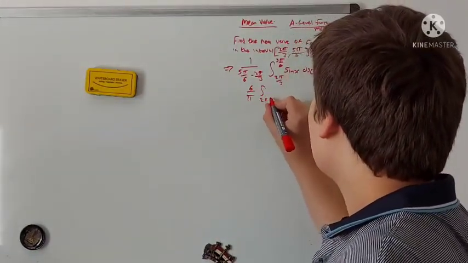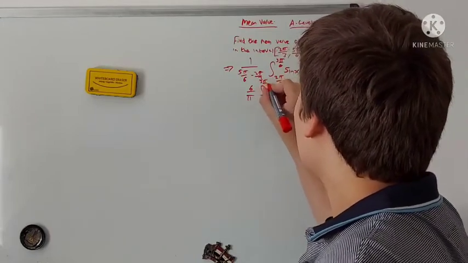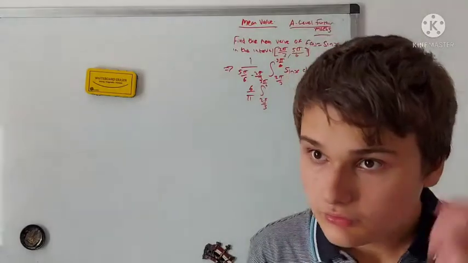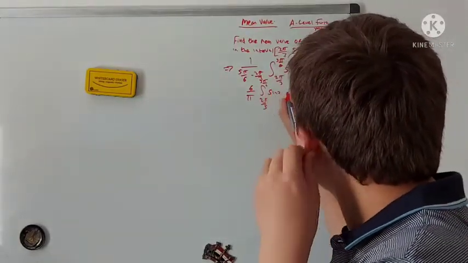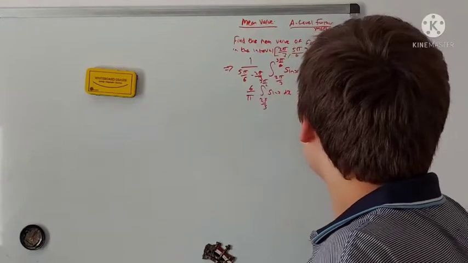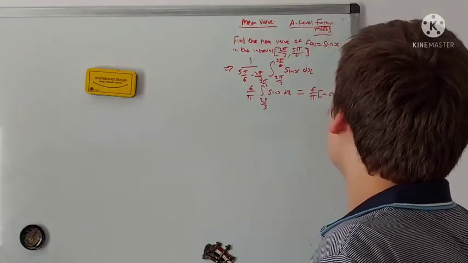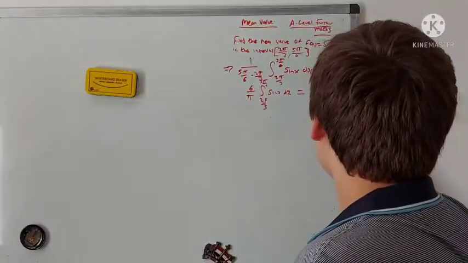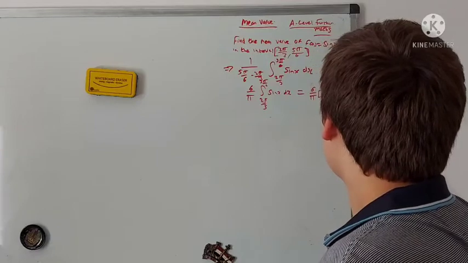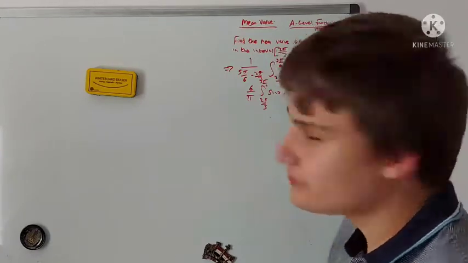Between 2 pi over 3 and 5 pi over 6 of sine x dx, which will be 6 over pi of minus cosine. Integral of sine is minus cosine.